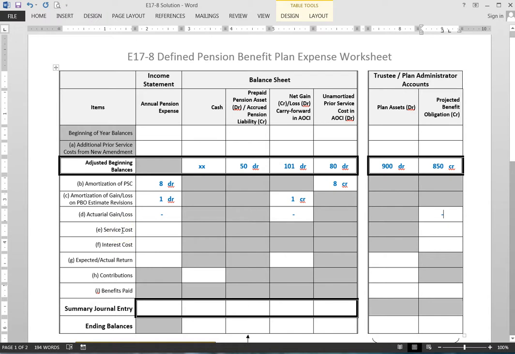Service cost is a recognition of another year's worth of service being provided by the employees, and that they now have an additional year's worth of benefits that have accumulated. The actuaries will take that information, figure out the discounted present value of that additional service cost, and it needs to be added to the projected benefit obligation.